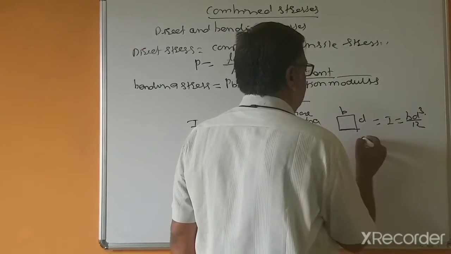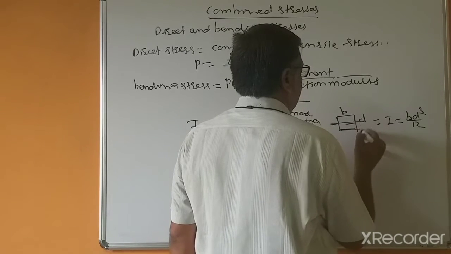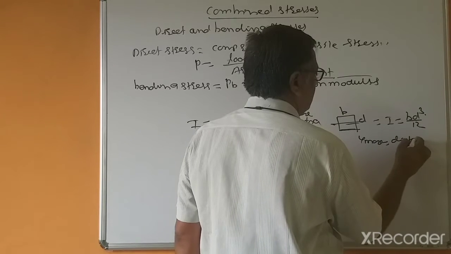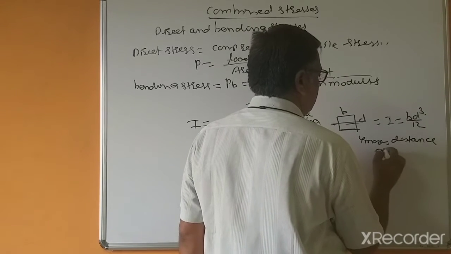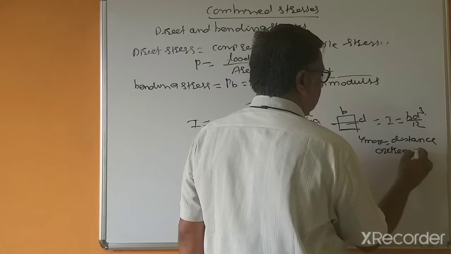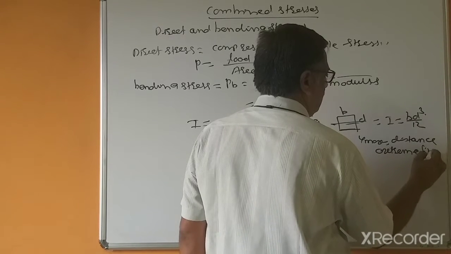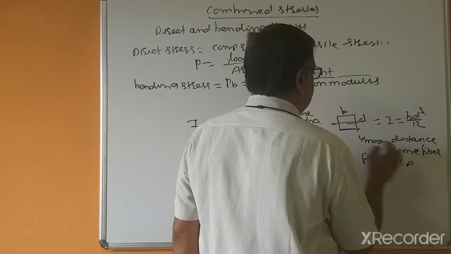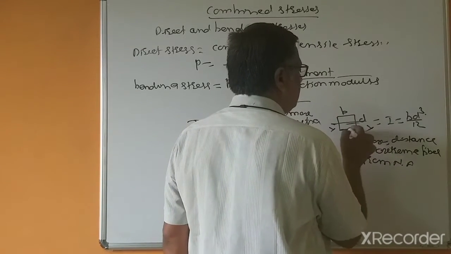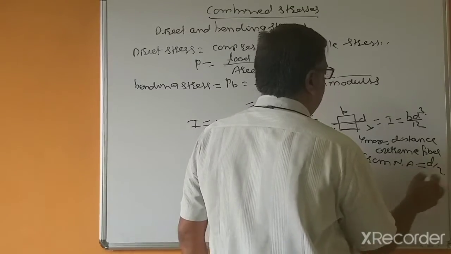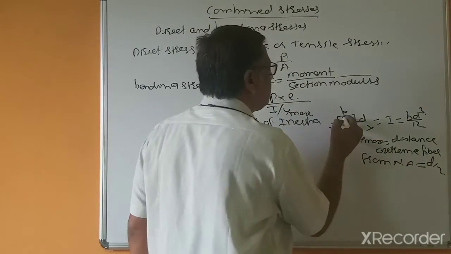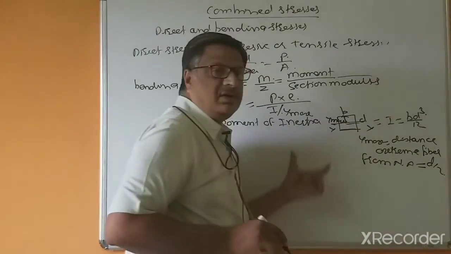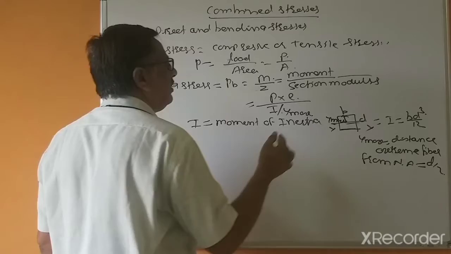And Y max is the distance of the extreme fiber from the neutral axis. Suppose this neutral axis is the x-axis, then D by 2 is the distance, and this is called Y max.